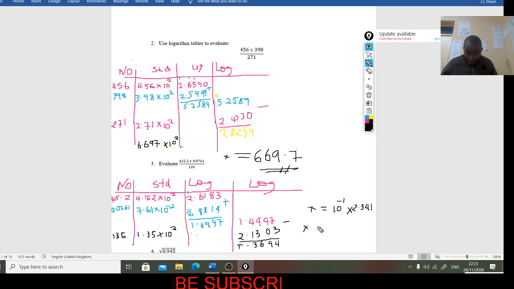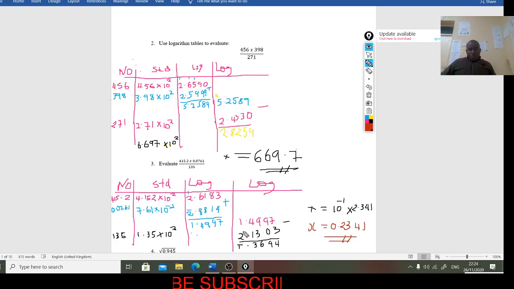So my x will be equal to 0.2341. So that is how you solve.